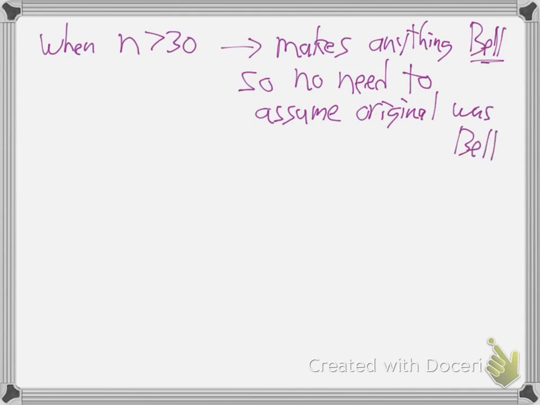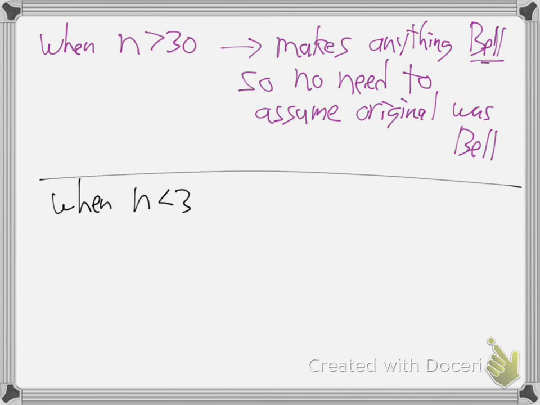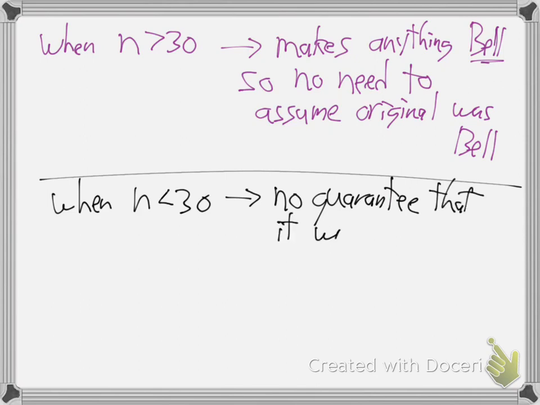Is that making sense? Whereas when n is less than 30, there's no guarantee that it will make it a bell. The guarantee is only when you're over 30. Only over 30 in your group.